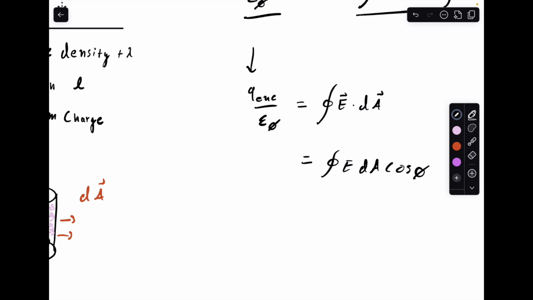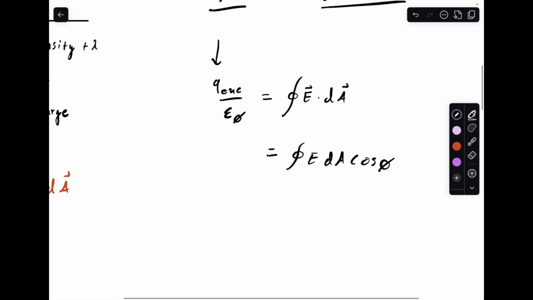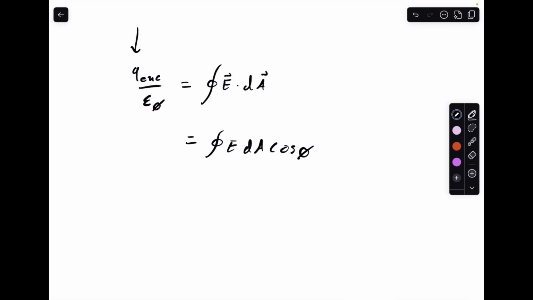We didn't pick a cube to be our Gaussian surface, our imaginary surface that we're going to measure imaginary flux through. We picked the cylinder because it allows us to use Gauss's law with symmetry and not have to do all of this complicated calculus. So cos 0 goes to 1, and now I get the integral of E dA.